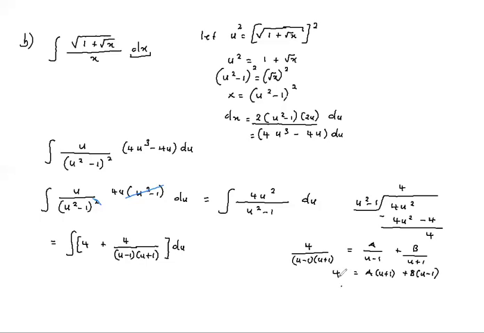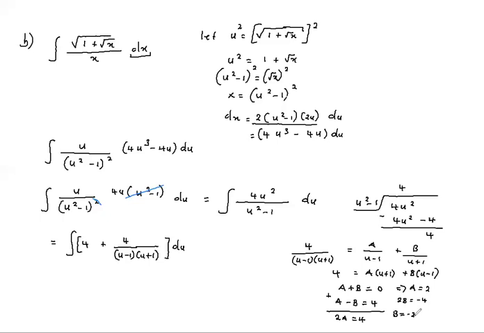So we know that a plus b is equal to 0, and also a minus b is equal to 4. If we do the addition, we'll get 2a is equal to 4, so that a is 2. If we subtract, we would have 2b is equal to negative 4, so that b is equal to negative 2.